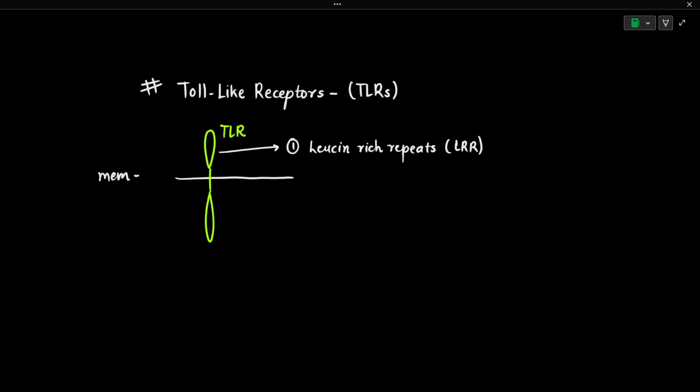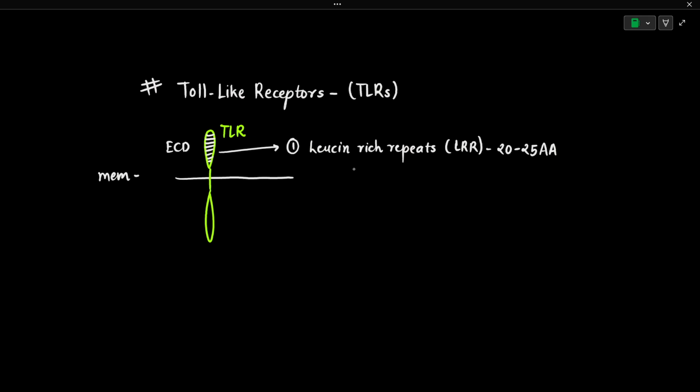LRRs are quite abundant in this region. About 18 to 25 of these repeats are present in this extracellular domain, and each LRR has almost 20 to 25 amino acids. So these are leucine rich, and this is the extracellular domain.